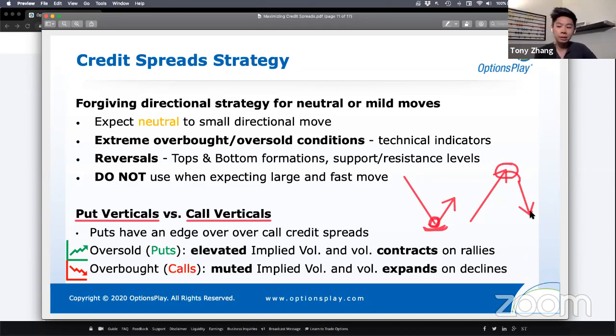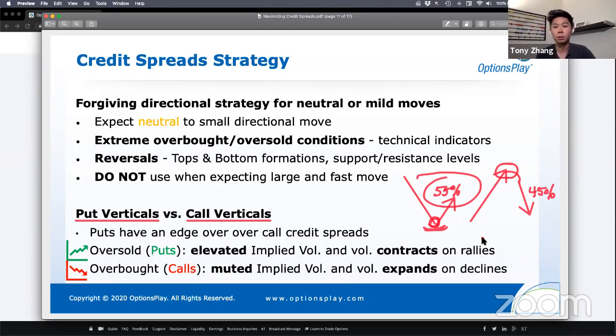And in addition to that, one other thing I want to point out is that markets move up roughly 55% of the time and move down roughly 45% of the time. So not only do you have a probability edge on a put credit spread, you also just have a pure directional edge as well, even if you have no clue as far as when to pick stocks and when they're going to go higher.